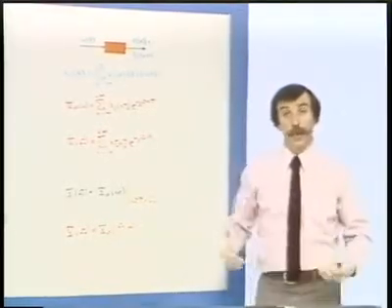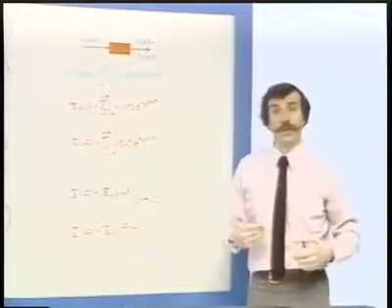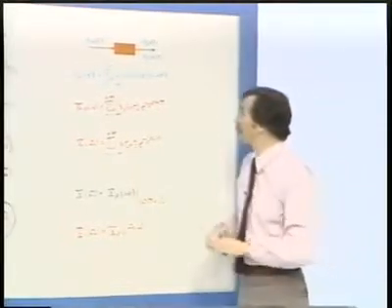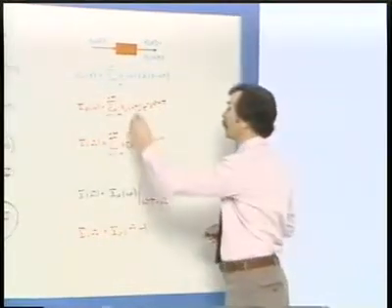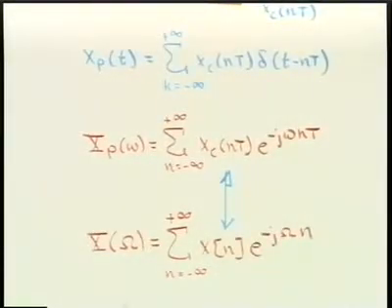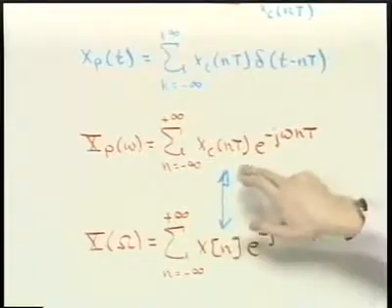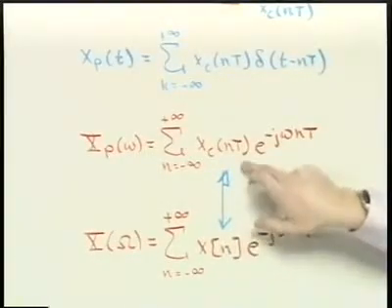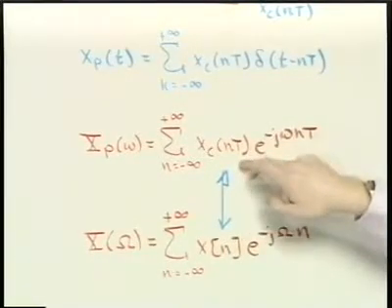Now we want to look at how those two relate. Well, it pretty much falls out of just comparing these two summations. In particular, this term and this term are identical. That's just a relabeling of what the sequence values are.